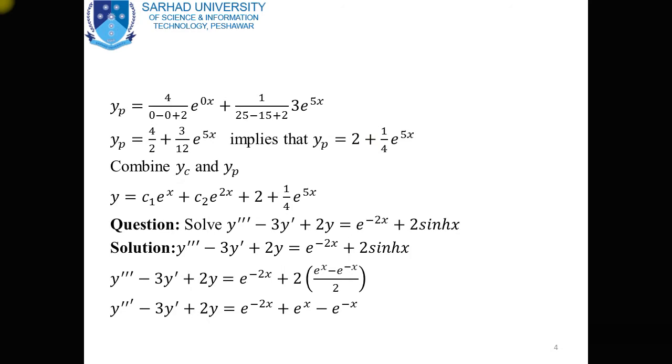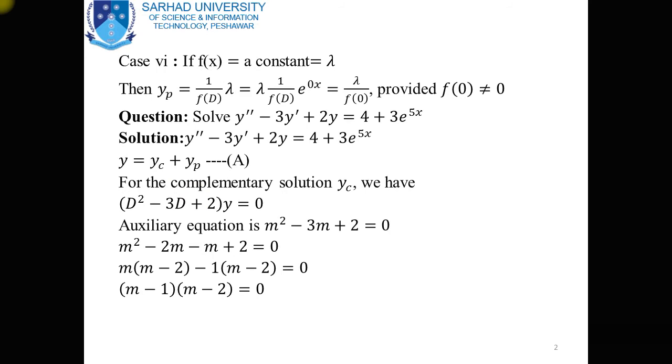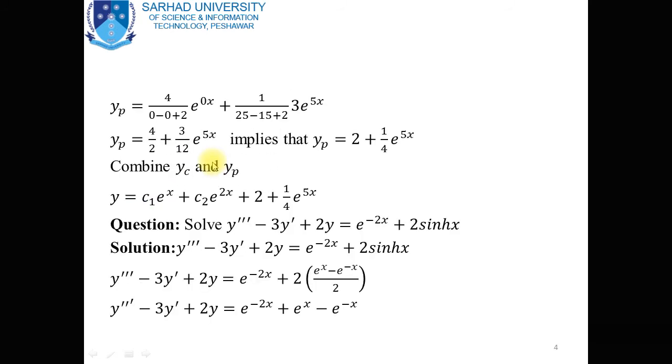Now the complete general solution for the given second order linear differential equation is y is equal to yc plus yp, the complementary solution plus the particular solution, as you see over here in equation number A. Putting the value of the complementary solution and the particular solution, we obtain the general solution for the given equation: y is equal to c1 e power x plus c2 e power 2x plus 2 plus 1 over 4 e power 5x.